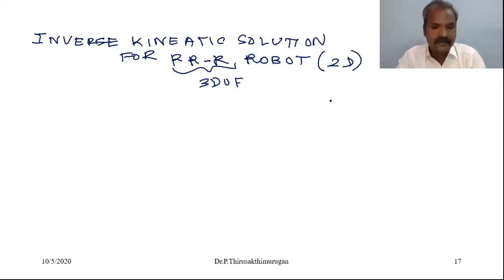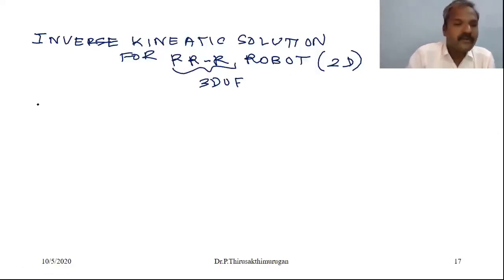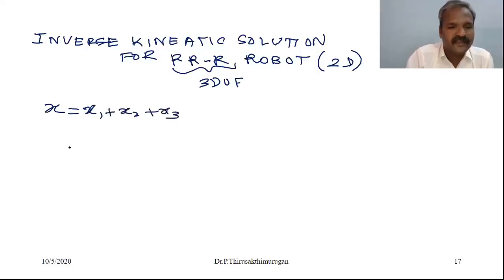Do it from the values of x and y. What is x and y? X equal to x1 plus x2 plus x3, y equal to y1 plus y2 plus y3.